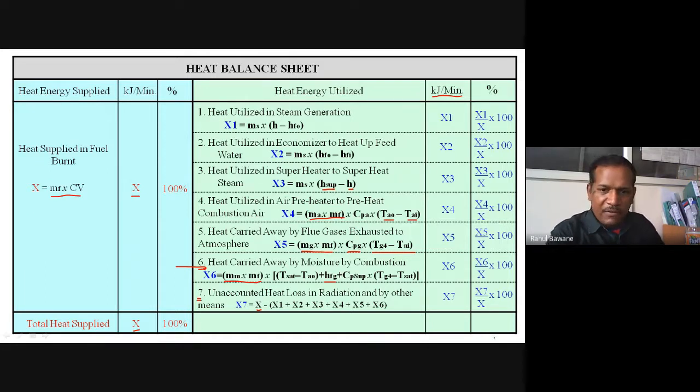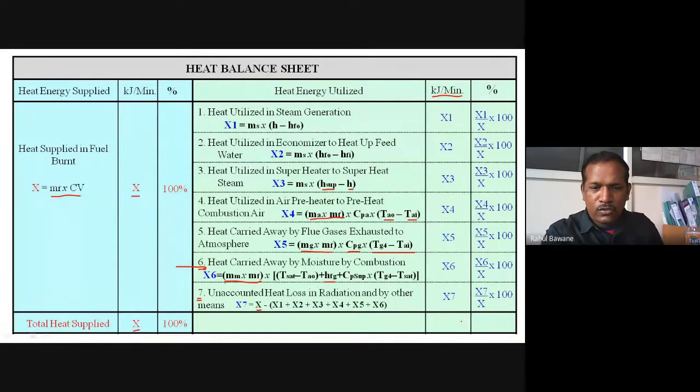It is advised, because when we write this balance sheet we use up to two-digit numbers, suppose 13.28. After that we don't write more digits, even though we can round up. And when we do the addition, most of the time it does not come as exact 100%, it comes as 99.98, 99.9.